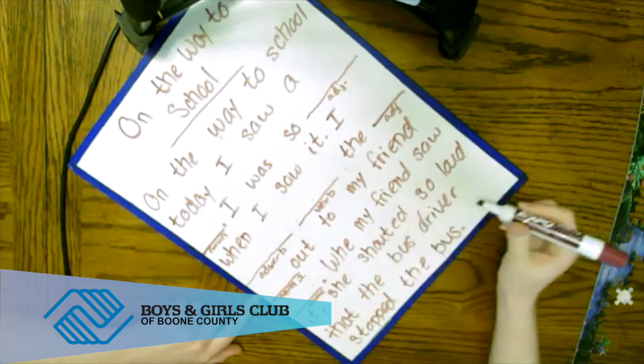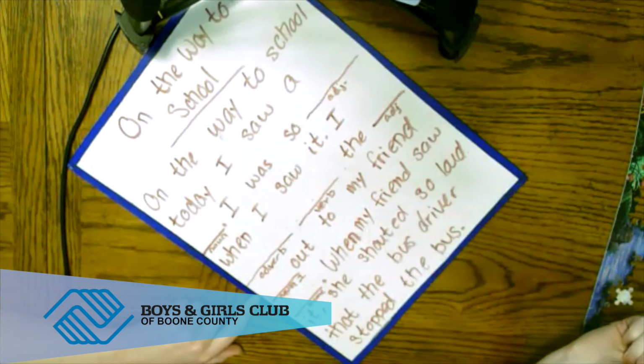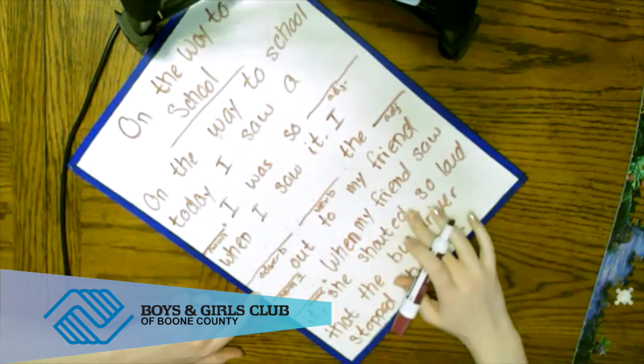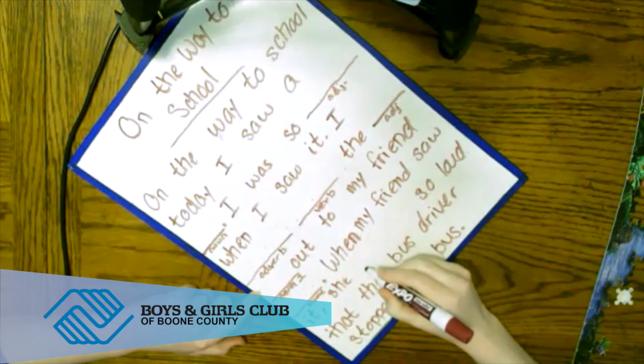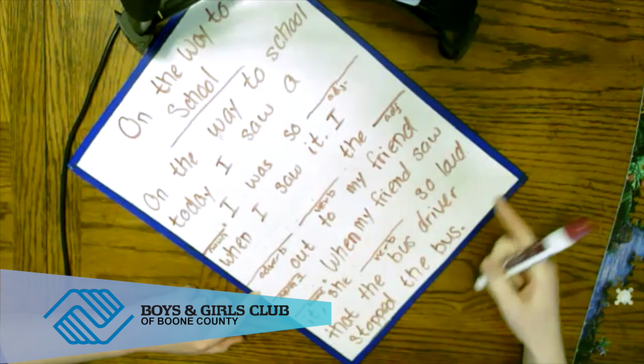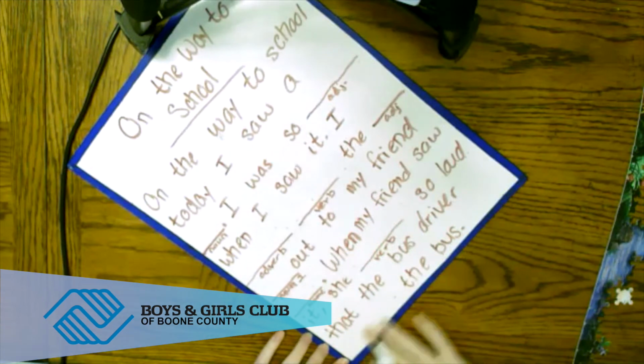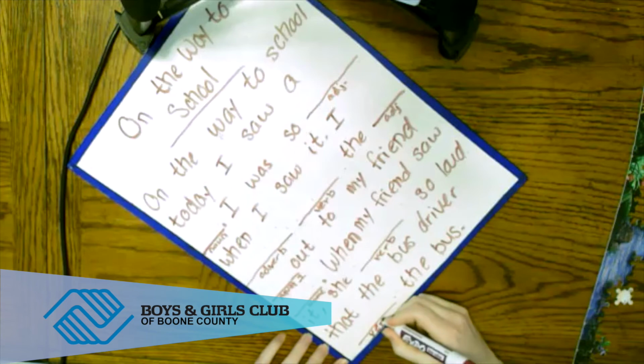Then we're going to go over here. Wow, I didn't put an N on my when. There we go. When my friend saw it, she shouted. I'm going to erase that and put verb. So loud that the bus driver stopped the bus. So for stopped, I'm going to erase that for extra silliness, and I'm going to put one more verb.